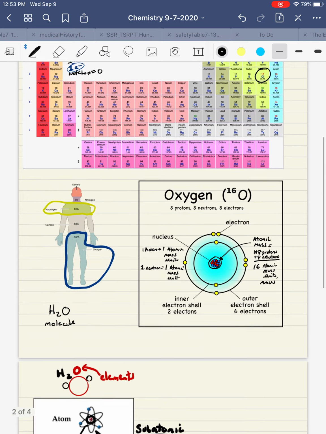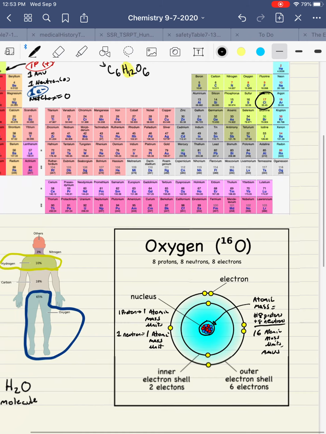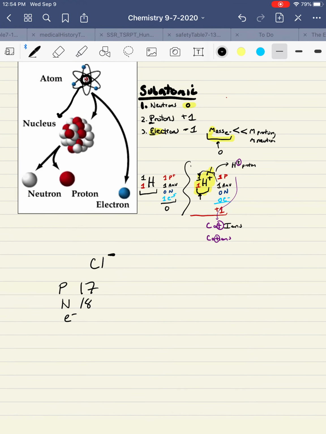How many neutrons? Well, take the atomic mass, which is 35, subtract 17 from it, and we get 18 neutrons, because we said before that the atomic mass, which is 35, is equal to protons plus neutrons. So neutrons has to be 18.